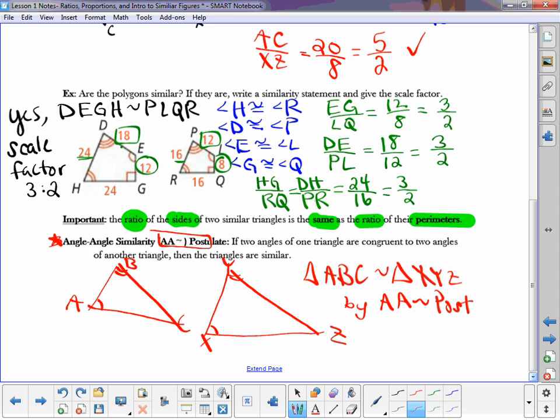So again, this is our first of a few shortcuts to showing that two triangles are similar. Because then once I know they're similar, I can set up proportions with their sides and the ratios there to solve. Amani?